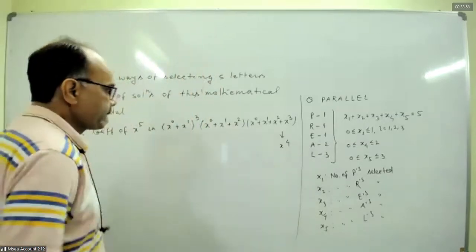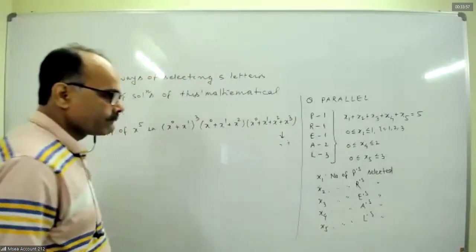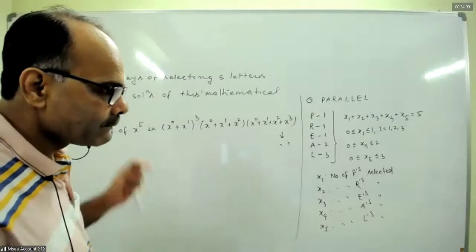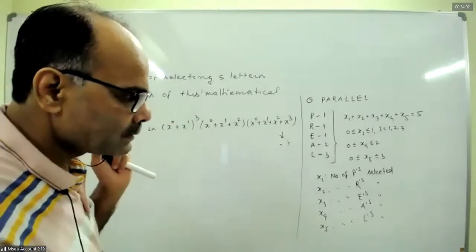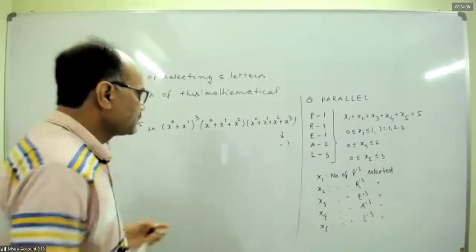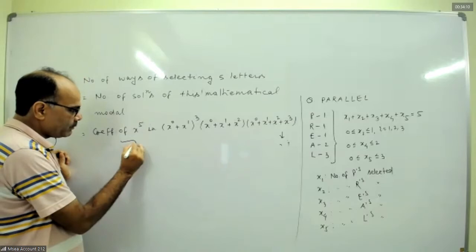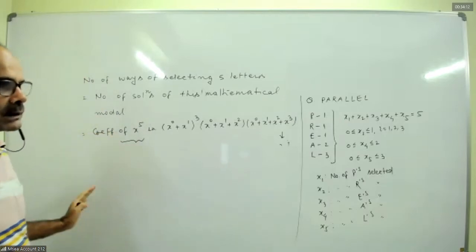Why are we not taking the infinite series, sir? See, we need the coefficient of x to the power 5 and we don't bother about anything else.